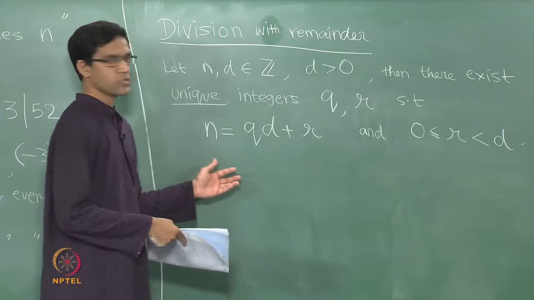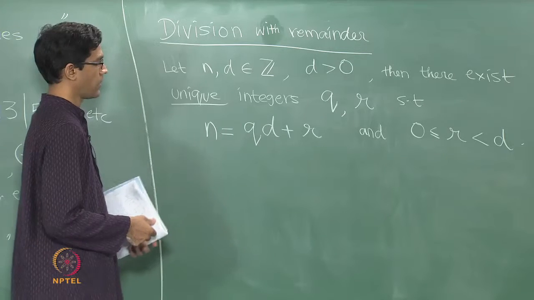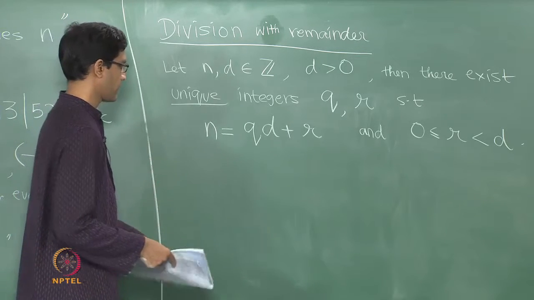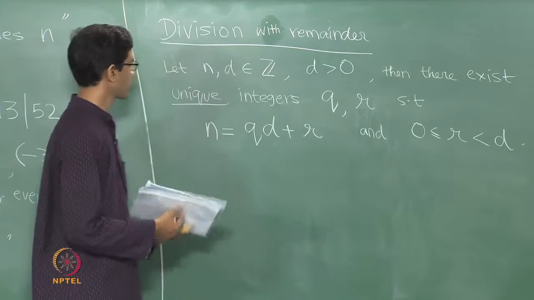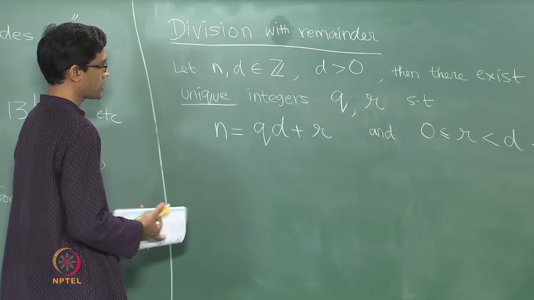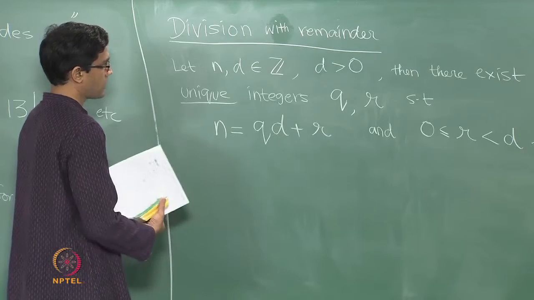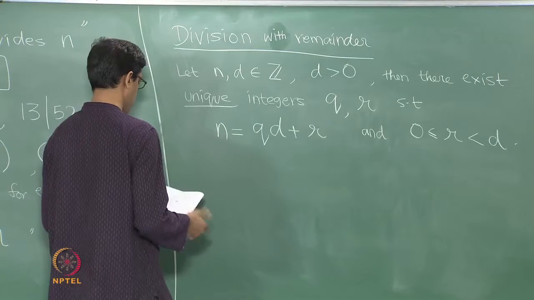And recall, this very much resembles the notion of long division of polynomials that we talked about at the very end. In fact, you can think of them as being two instances of the same principle. This is the formal statement, but I am sure you have seen this in examples.